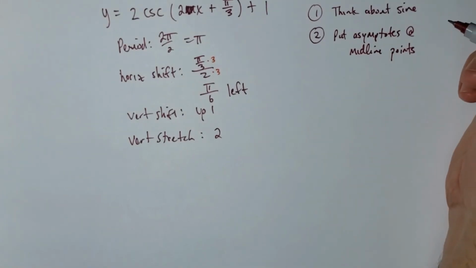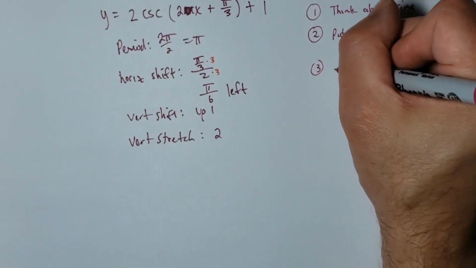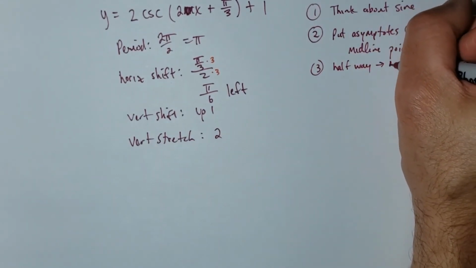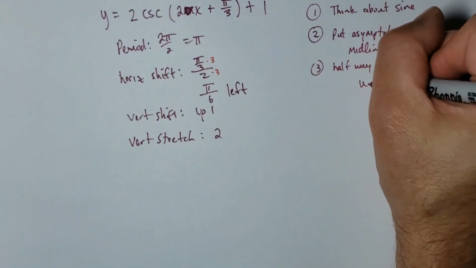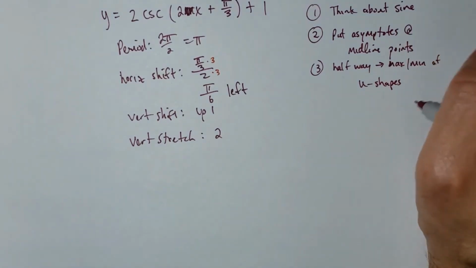Like the x-intercepts, but if it's been shifted up or down, those become the midline points. And then halfway in the middle, those are going to be your max and mins of the U shapes, and they correspond to the maxes and mins of sine.